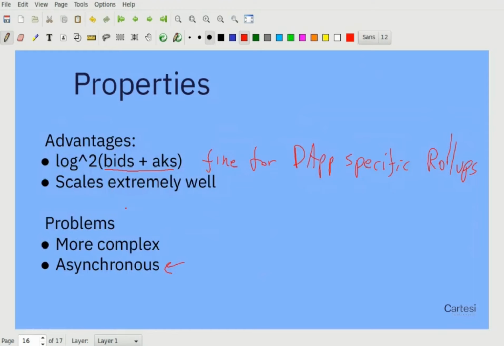Another disadvantage comes from the synchronicity of the whole thing. For example, if I'm not doing any attack, I'm just a normal user, I want to buy 1 Ether for $2,000. I put the bid there, and then someone actually sells it to me. The money is not in my account immediately. I have to make a transaction to remove myself from the tree, and then I'll have the money in my account.